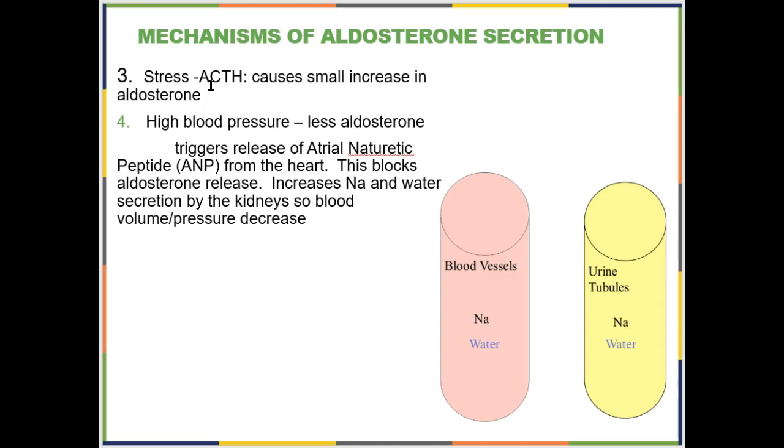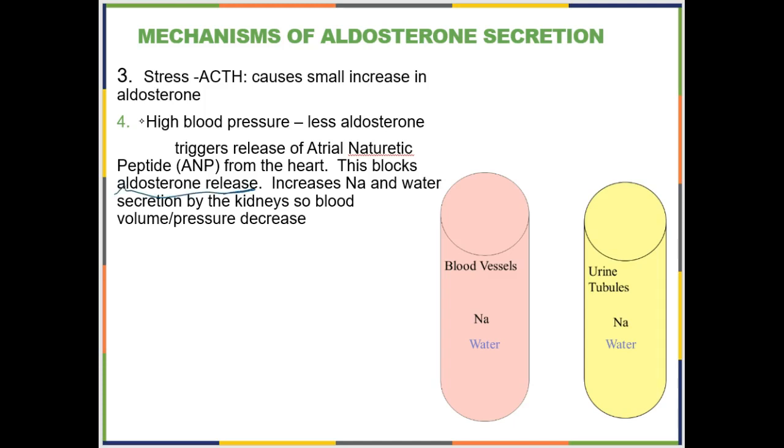This is related to blood pressure, with the idea being that the stress might be physical stress, and when you are under physical strain, you want to hold on to water so that you don't become dehydrated when you're getting through whatever physical stressor you're under. And then the fourth thing that affects aldosterone secretion is high blood pressure. So if your blood pressure goes up, then aldosterone release goes down.